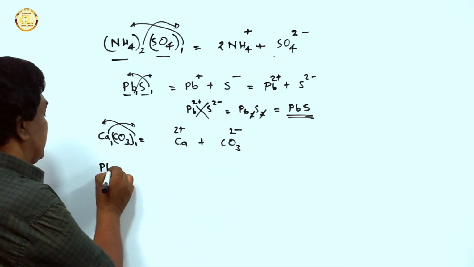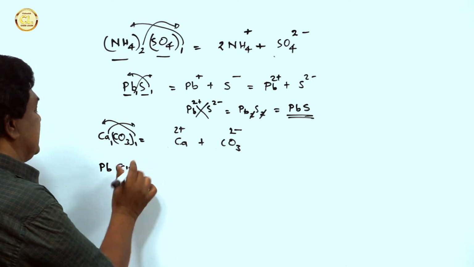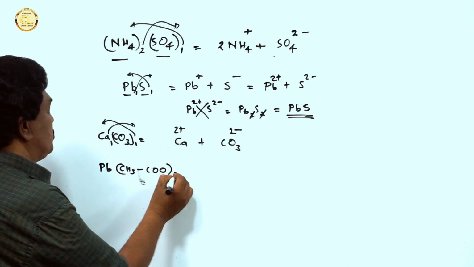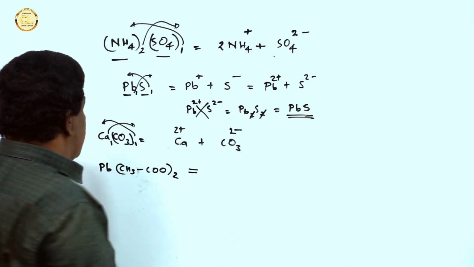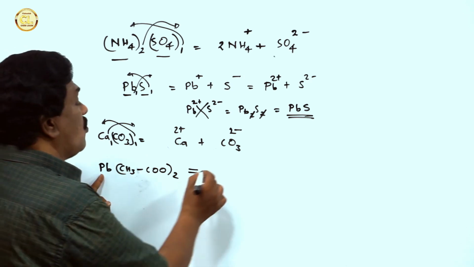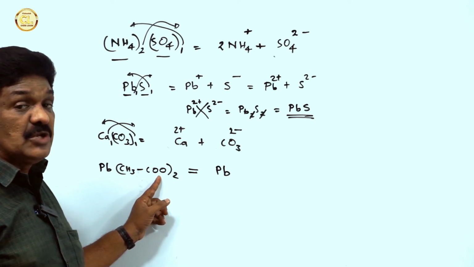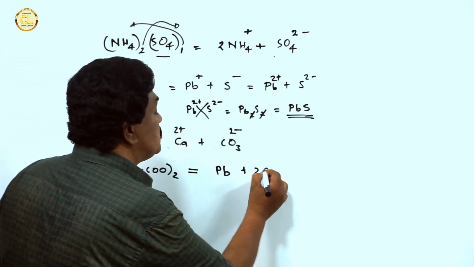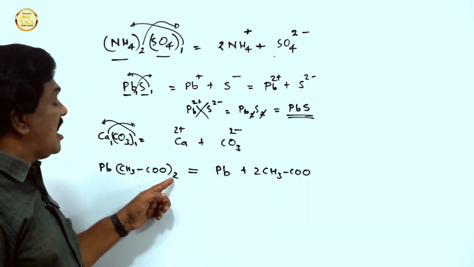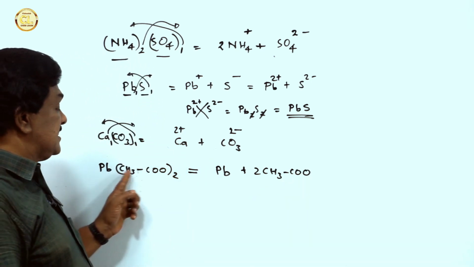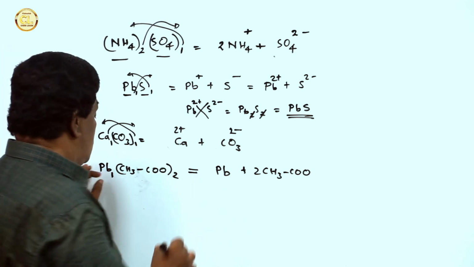Lead acetate, Pb(CH3COO)2. This is lead acetate. See, it can be split as follows. There is one lead Pb and there are two CH3COO units. Now, what is the charge of the CH3COO unit? It is the count of Pb.